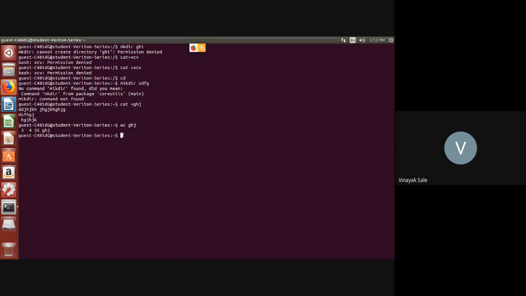Suppose I want to check only lines and words. I don't want how many characters. I want to check only lines and words. Then write wc space minus l for lines and w for words of the particular file ghj.